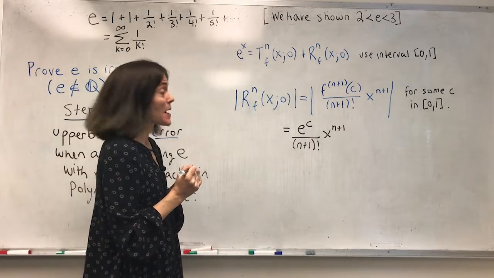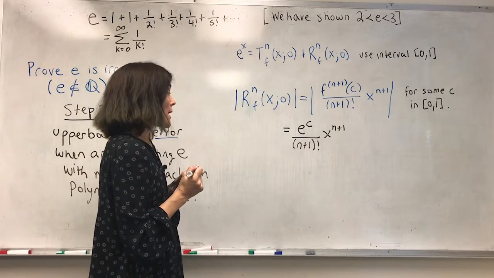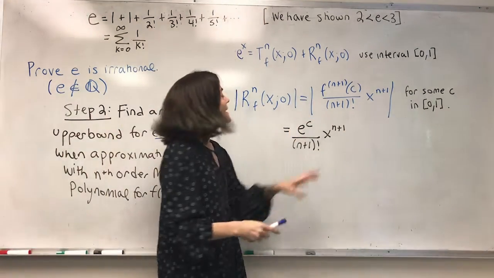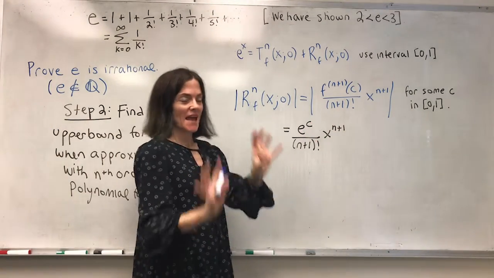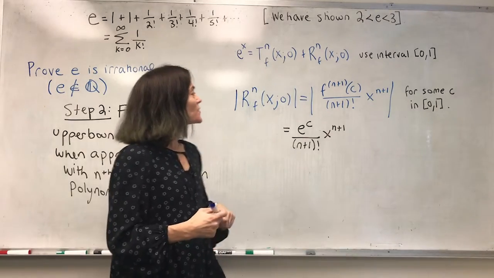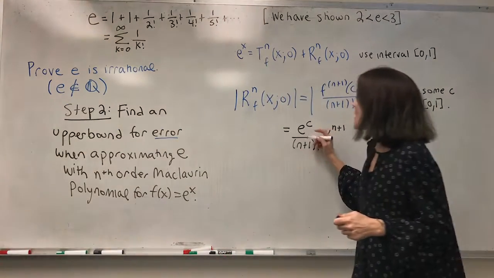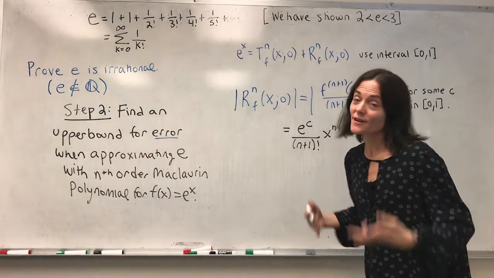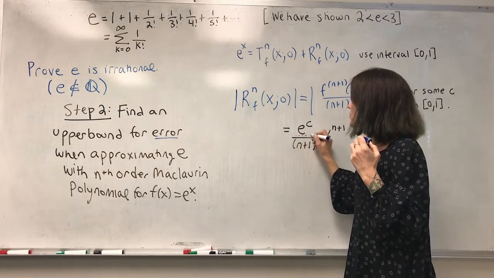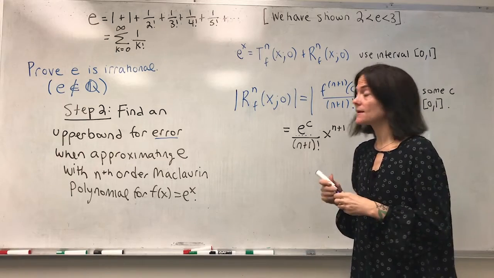Now we have to think about bounding this. Well, we have these two different things. We have e to the c, and we have x to the n plus 1, and we need to see how big can each of them be on this interval. This part, e to the x, is increasing.